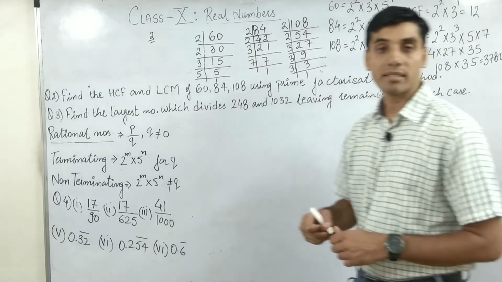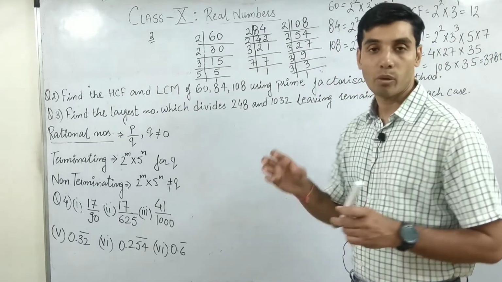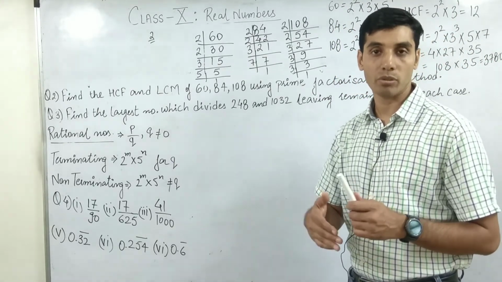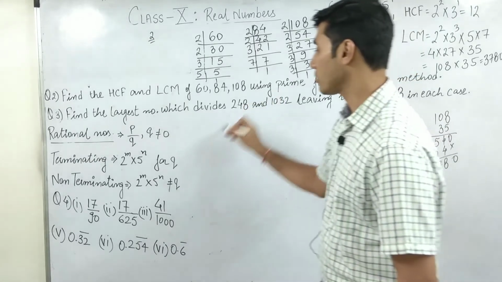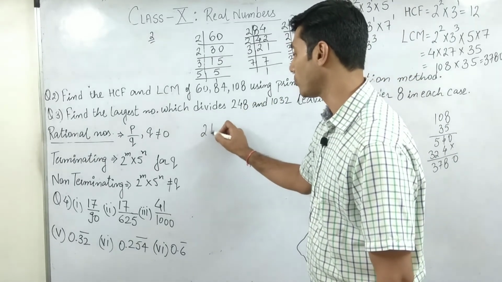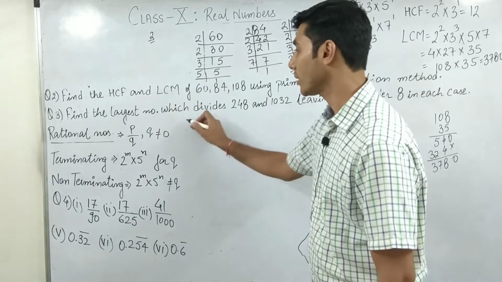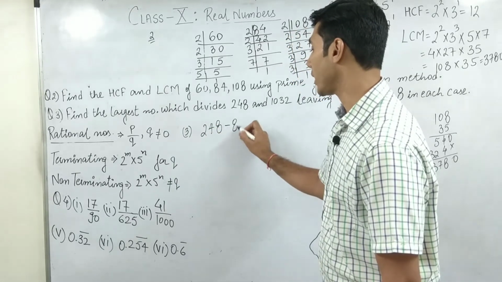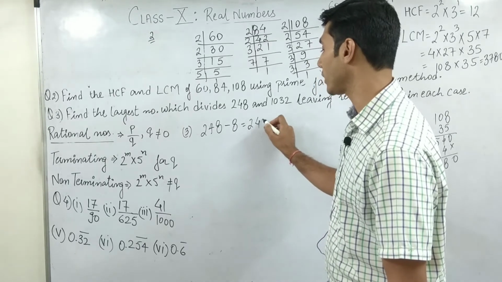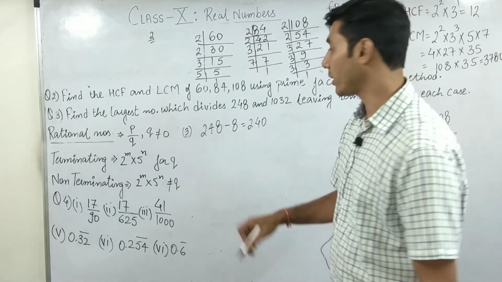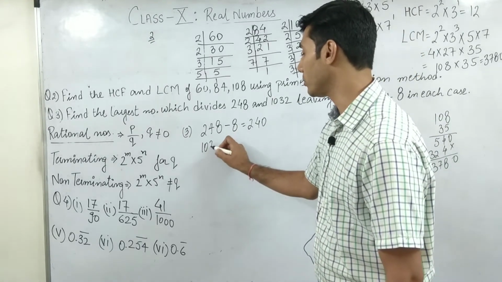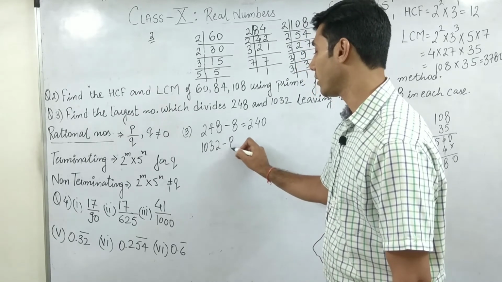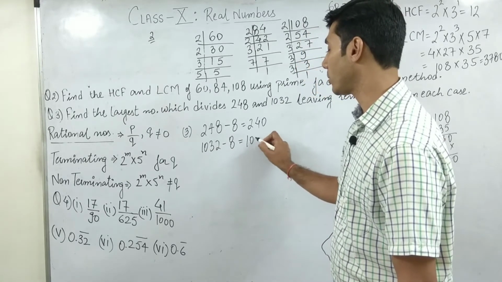So first of all let's subtract this 8. If something is left as a remainder and I need to get the perfect number, then 248 minus 8 should be equal to 240. And 1032 minus 8 should be equal to 1024.